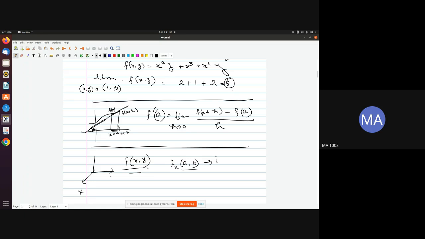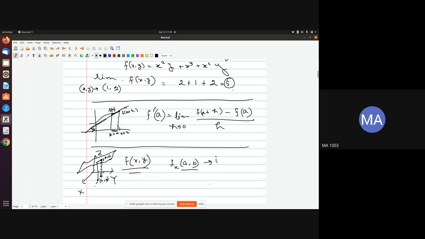There is x, there is y, there is z, where I am getting the output. This is the field. Now I am talking about the point a comma b. Along the x-axis direction, what is the increment of the function along this direction? That is what we are calculating.